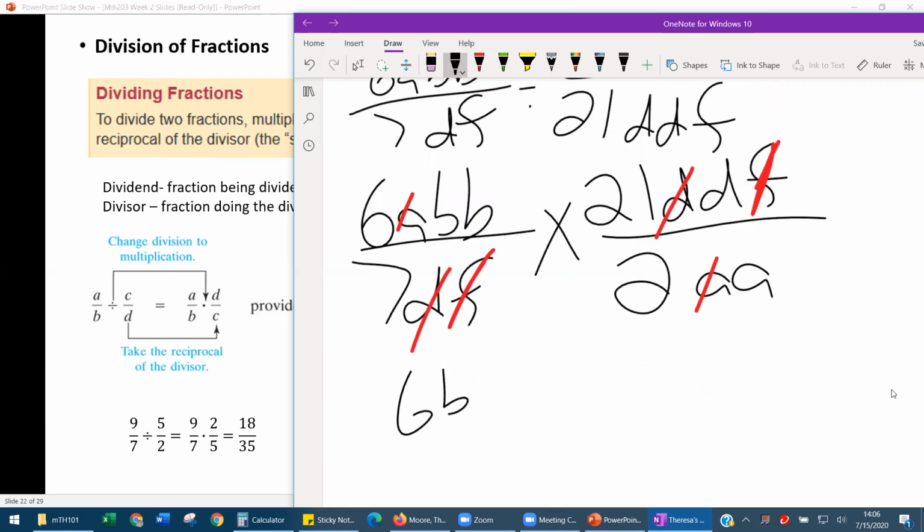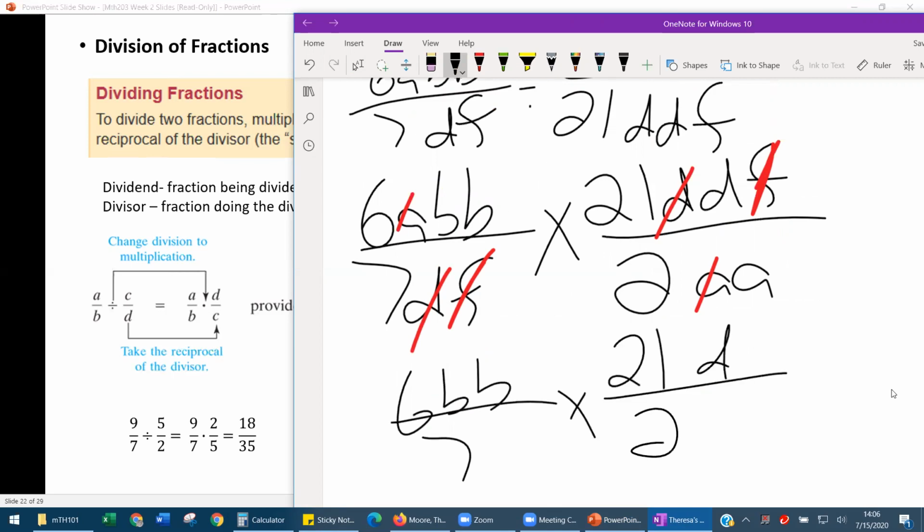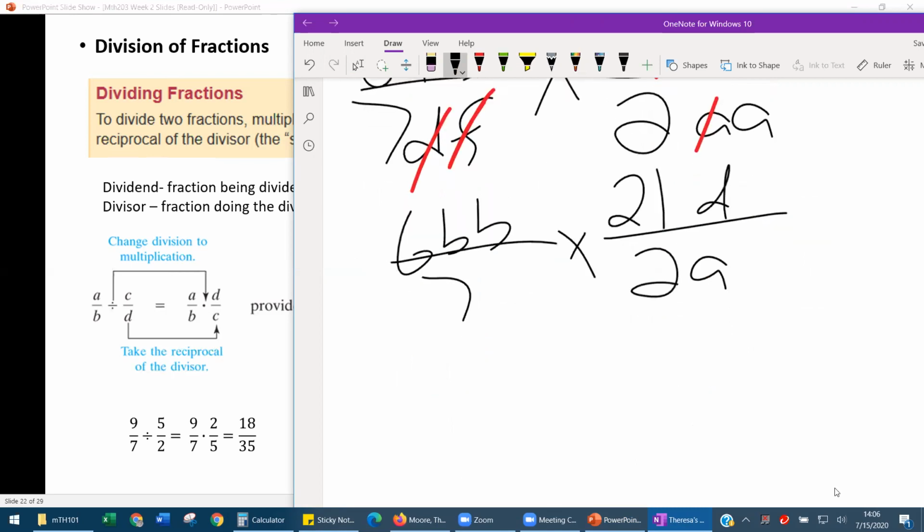So I'm just going to write this out again, just to illustrate. So the next thing I'm going to do, I'm not going to multiply. Not yet, because I see I can do some reduction. 7 goes into 7 once, 7 goes into 21 3 times. 2 goes into 2 once, 2 goes into 6 3 times.